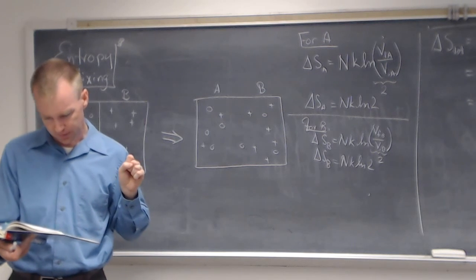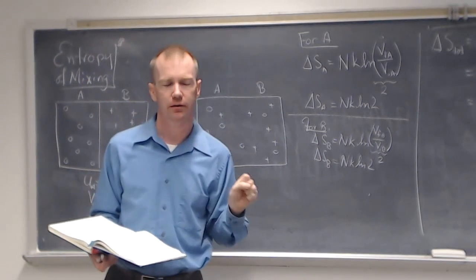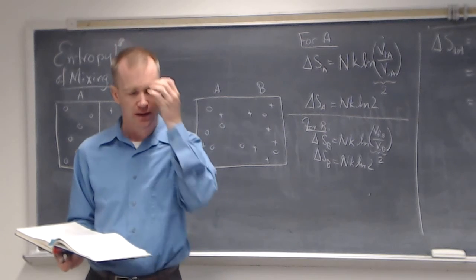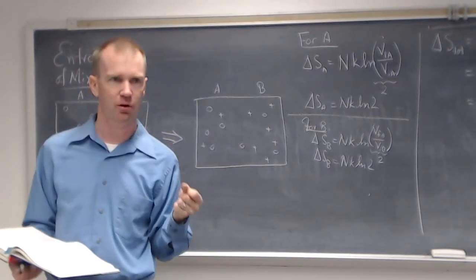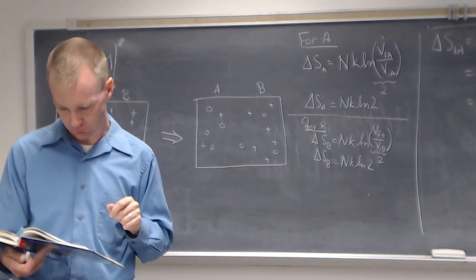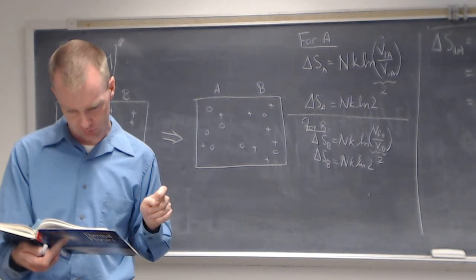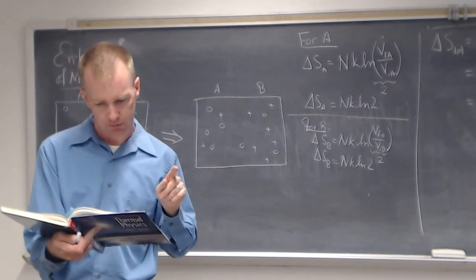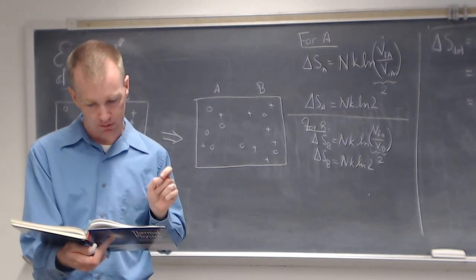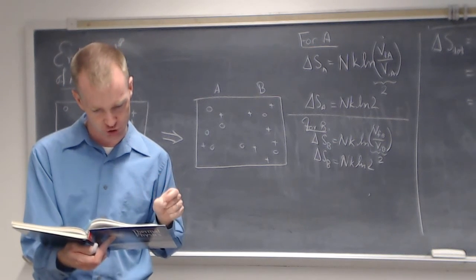So this entropy of mixing only applies when you have distinguishable particles. If they are indistinguishable particles, you don't have it. If you start with the same gas on both sides, this is page 80, then the entropy doesn't increase at all when you remove the partition.